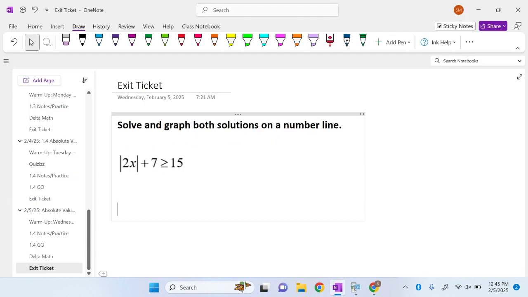All right. So you guys can work on your Delta Math. You can work on packet work. Your packet work is basically finishing anything between the equation and the inequality sections. I don't know the exact pages, but I'll put the exact pages in Canvas once I figure that out, because I can't remember off the top of my head.